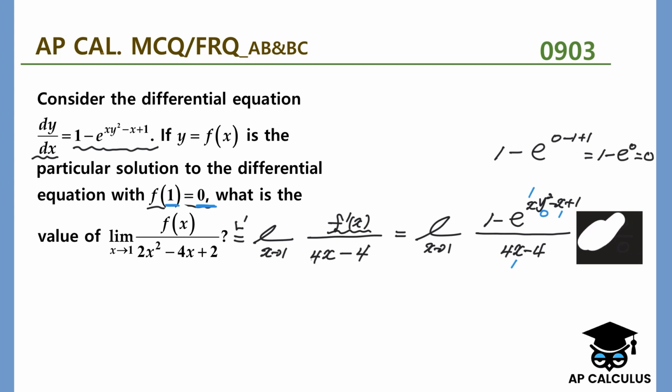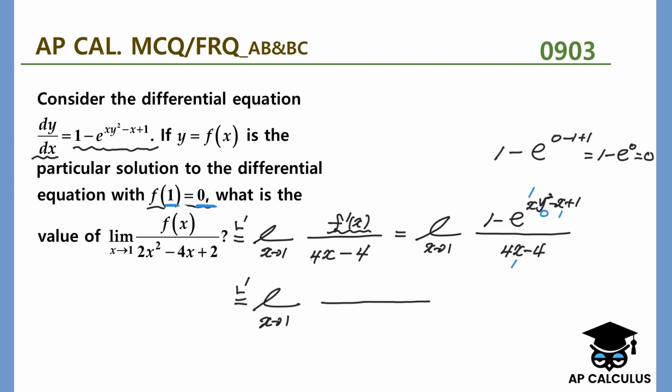Okay, I'm going to erase this. By applying L'Hopital's rule one more time, we have the limit as x approaches 1. Numerator, the derivative of 1 is equal to 0, right? So the derivative of the exponential function is negative e to the xy squared minus x plus 1 times the derivative of this expression right here.